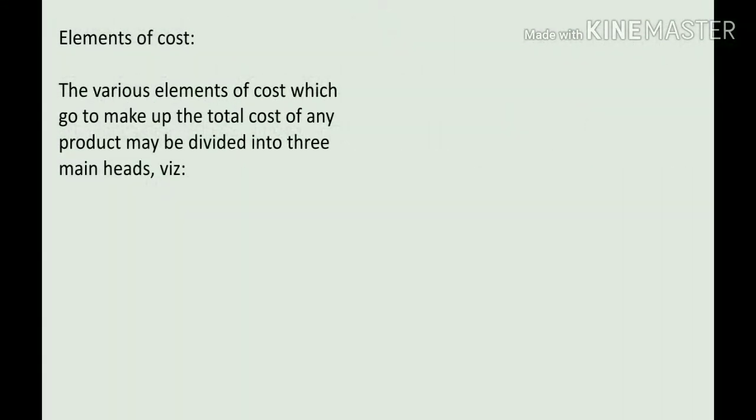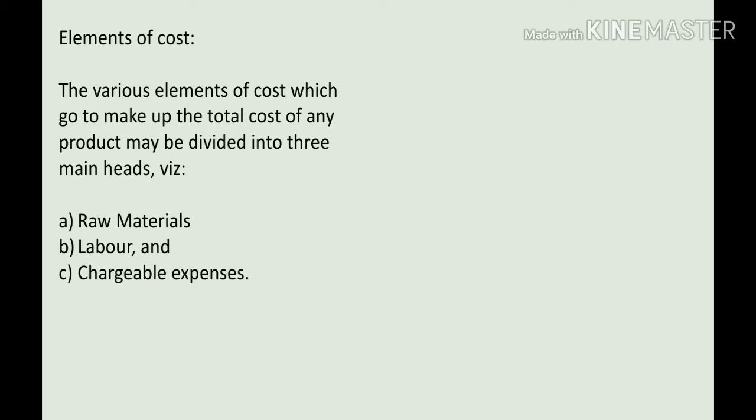Let's see the elements of cost. The various elements of cost which go to make up the total cost of any product may be divided into three main heads, that is raw materials, labor, and chargeable expenses.